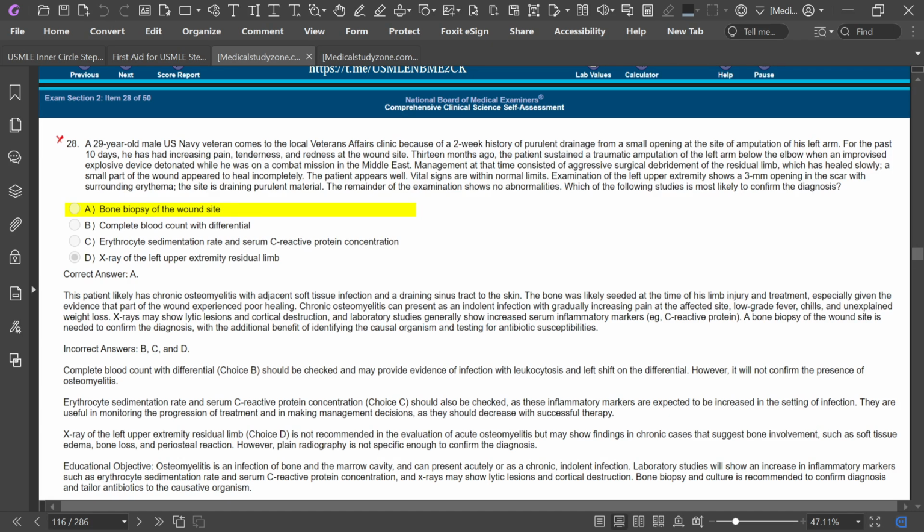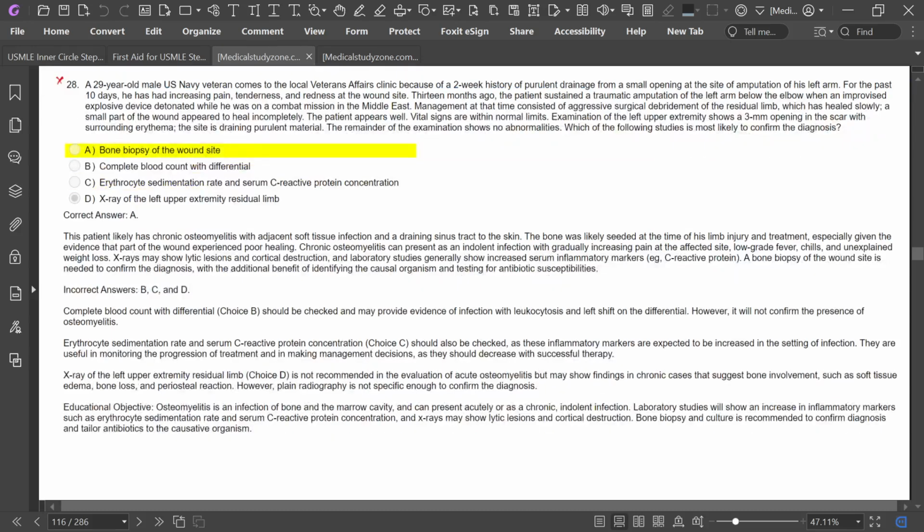Can you read B and C? Yes. A complete blood count with differential should be checked and may provide evidence of infection with leukocytosis and left shift on the differential. However, it will not confirm the presence of osteomyelitis.